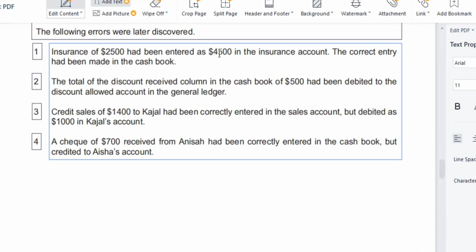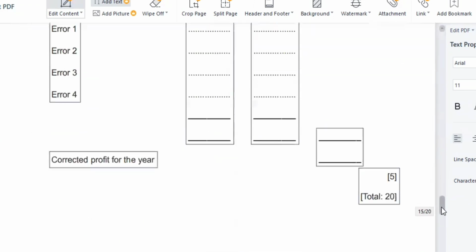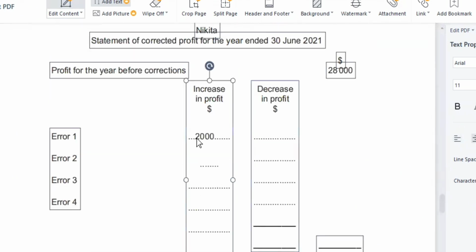That means the profit was decreased by 4500. But it was 2500. We have to deduct it by 2000. If we lower our expense, the profit will increase. So the profit will increase by 2000. We'll write insurance and it will increase by 2000.